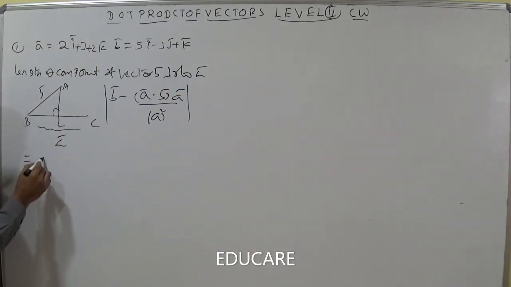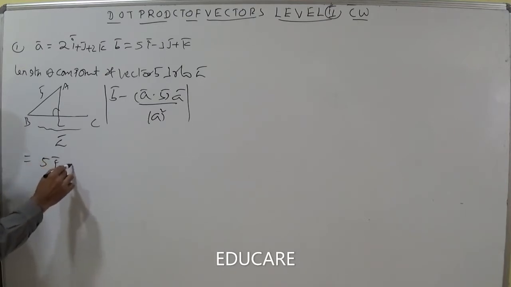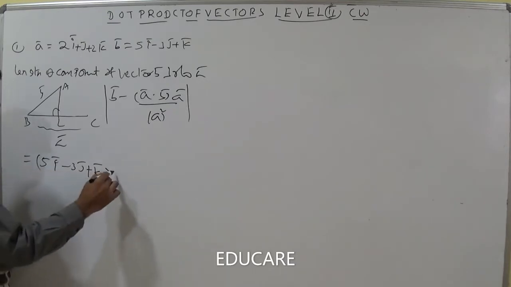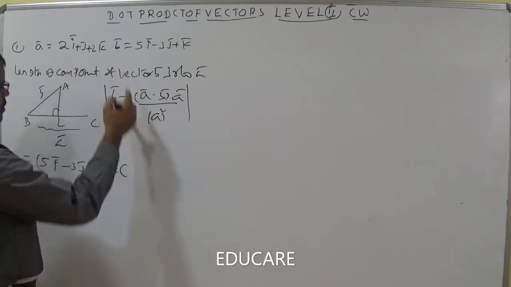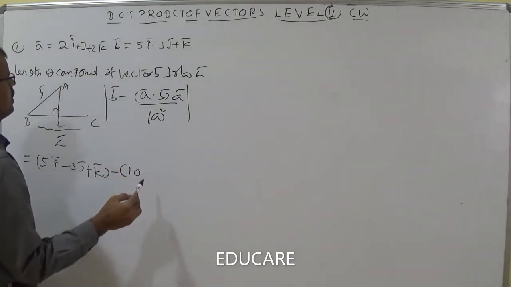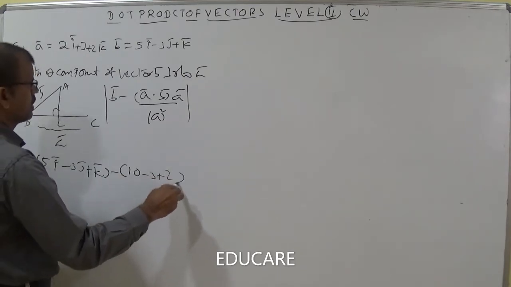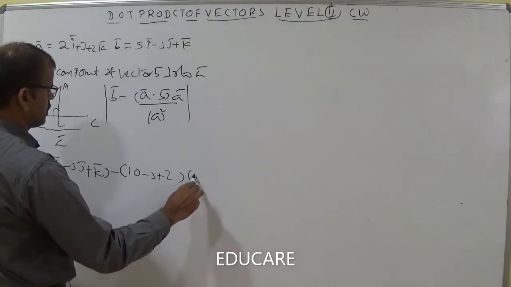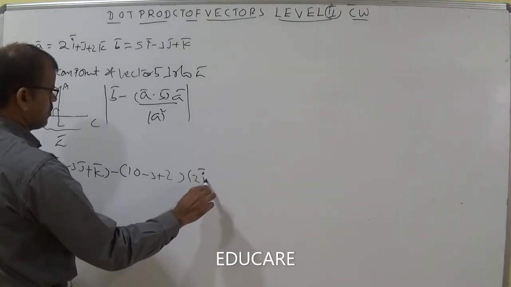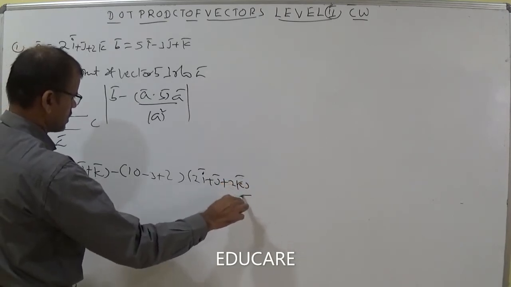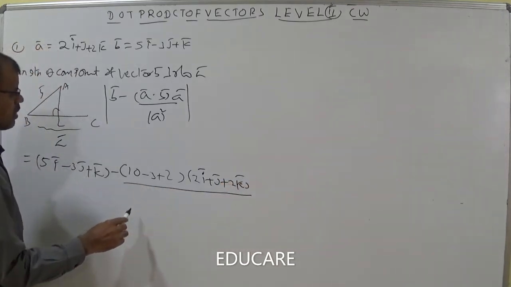B bar is 5i minus 3j plus k minus (A bar dot B bar) multiplied. You will get 10 minus 3 plus 2, into A bar, we should write 2i plus j plus 2k, whole by mod A square.